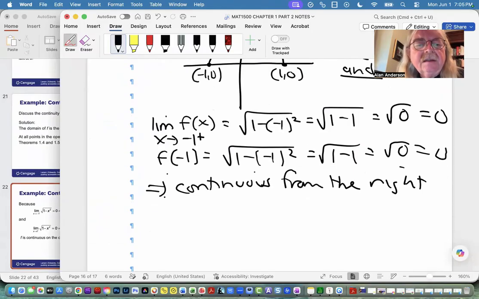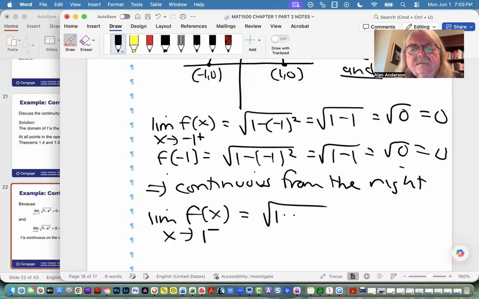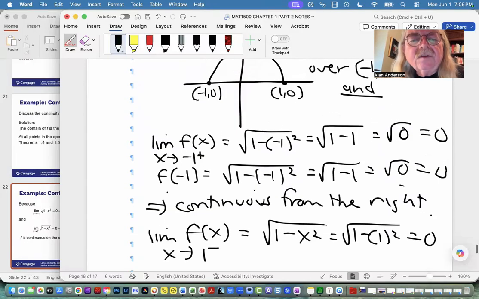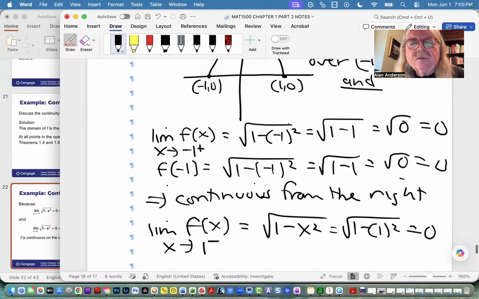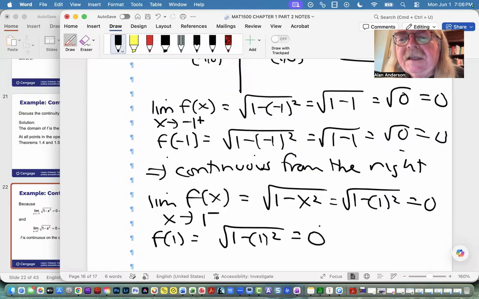How do we do that? We're coming at 1 from the left, and we also know f of positive 1, so they equal each other.